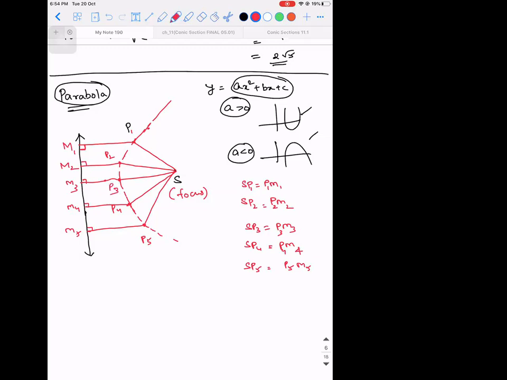So this shape is what is called a parabola. Clear, guys?